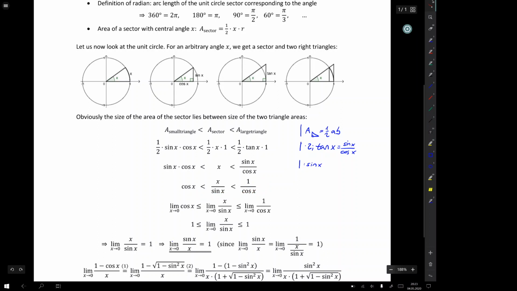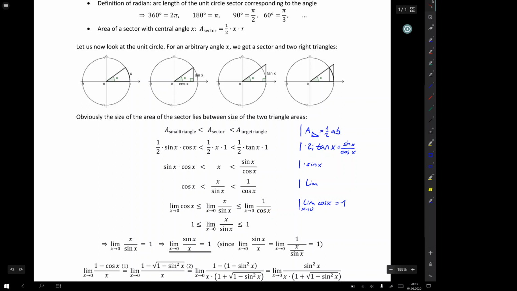Now, obviously, all that we're doing is just introducing the limit. And now we use that the limit of cosine of x, when x is going to 0, is 1. So we get here 1. And here we get 1 divided by 1, so we get also 1.